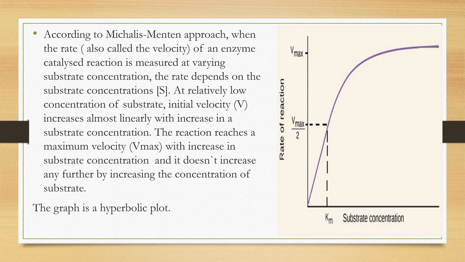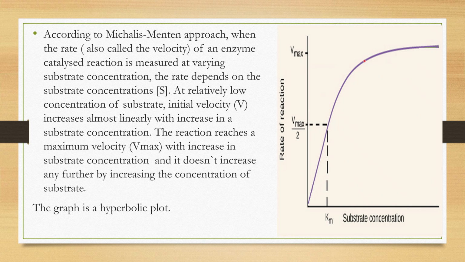So, according to Michaelis and Menten's approach, they studied reaction rate at varying substrate concentration. At lower substrate concentration, the reaction rate increases linearly. That is, the velocity of the reaction increases linearly. After some point, your velocity reaches a maximum value. That is, the rate of reaction reaches a maximum value.